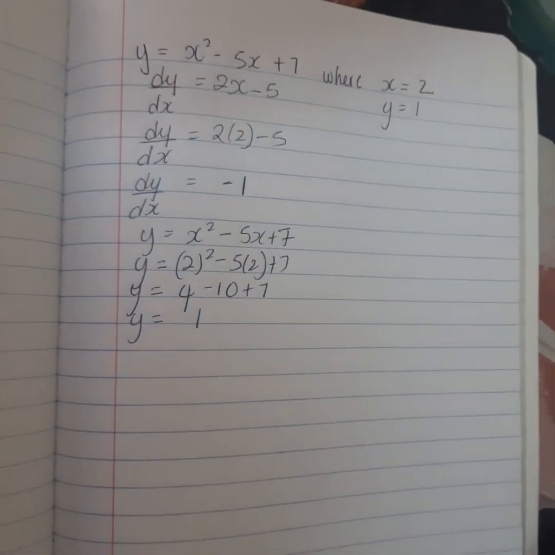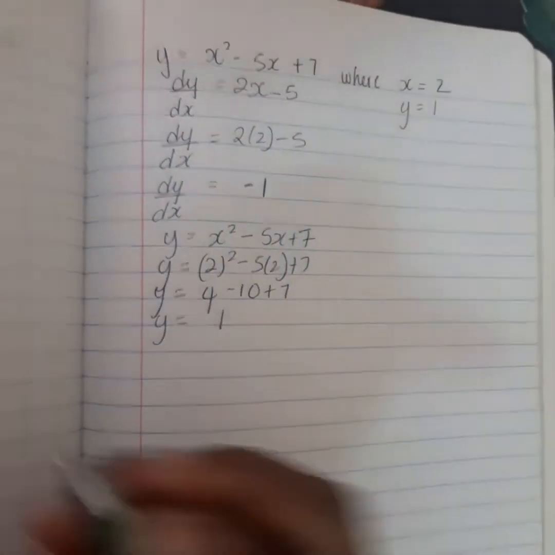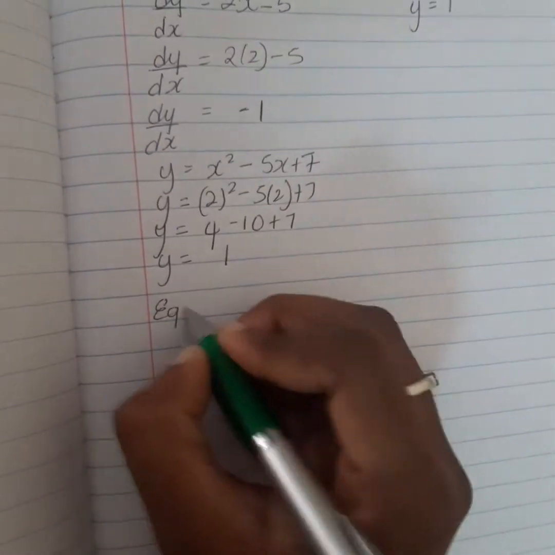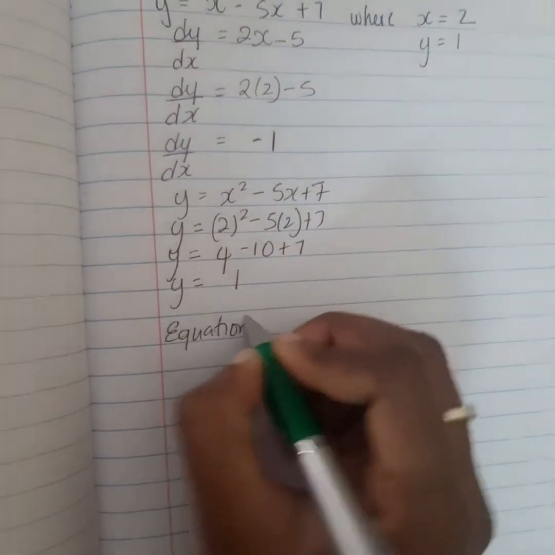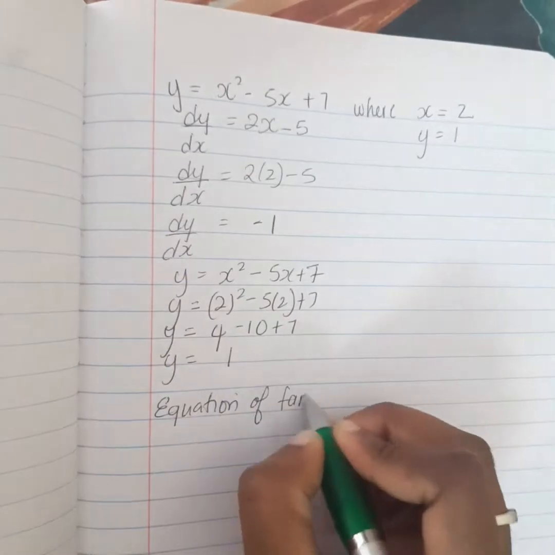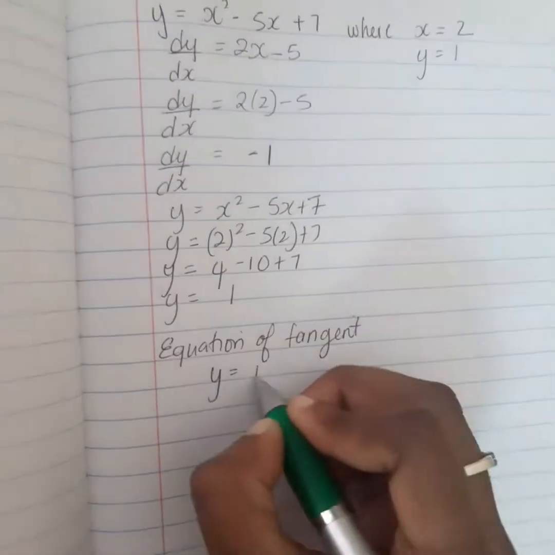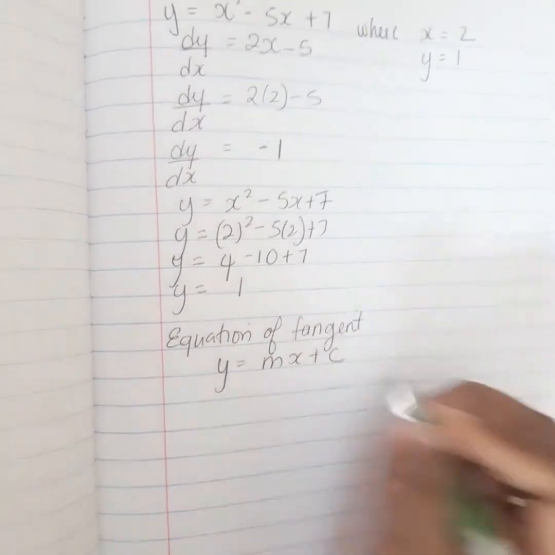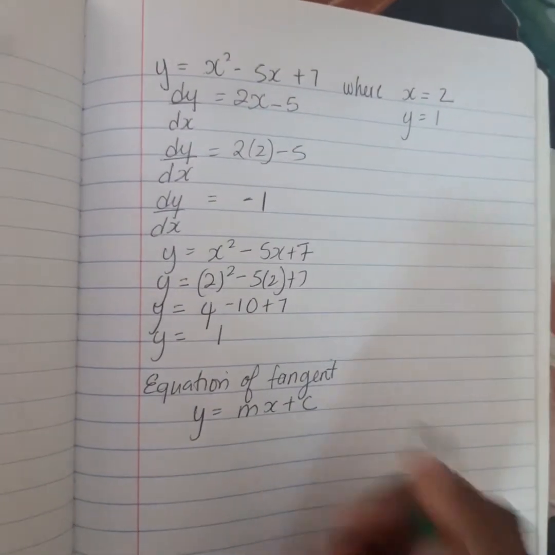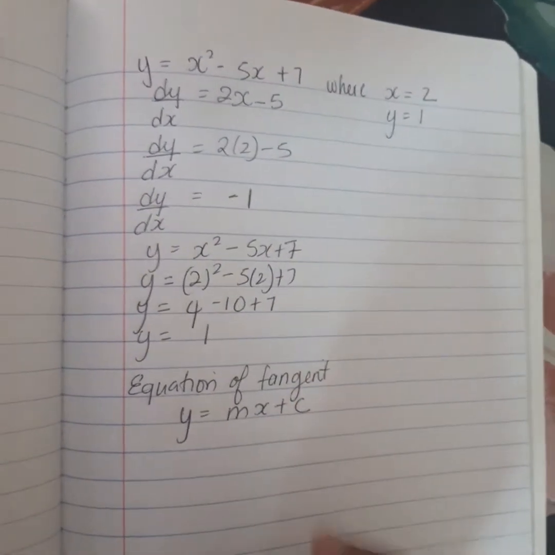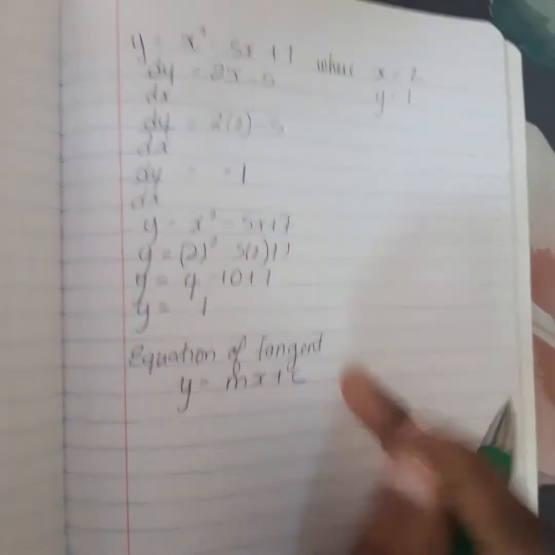Now we're going to find our equation of the tangent. So equation of tangent: we have y is equal to mx plus c, the equation of a straight line. Hope you don't ever forget this. This is life.